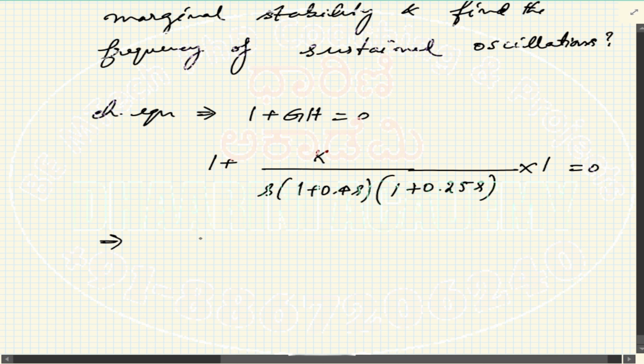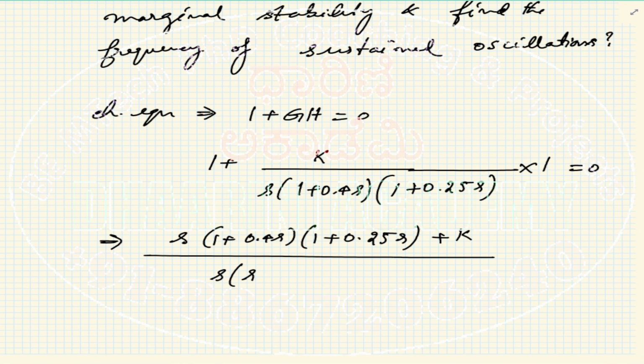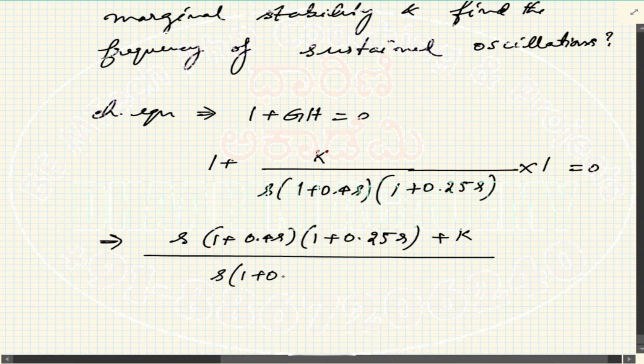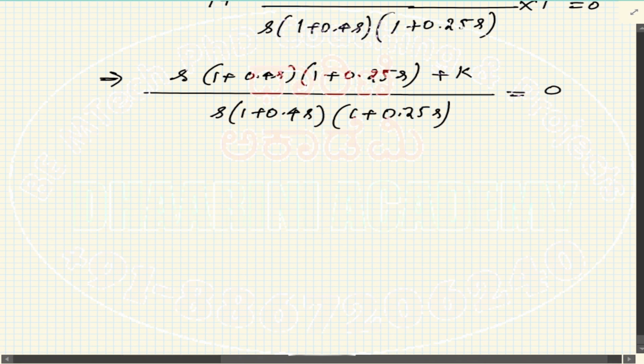So this implies I just have to perform s into (1 plus 0.4s) into (1 plus 0.25s) plus K, whole divided by s into (1 plus 0.4s) into (1 plus 0.25s), equals 0. Anyway, the denominator is going to get cancelled because it gets multiplied to the other side. So just simplify this part.